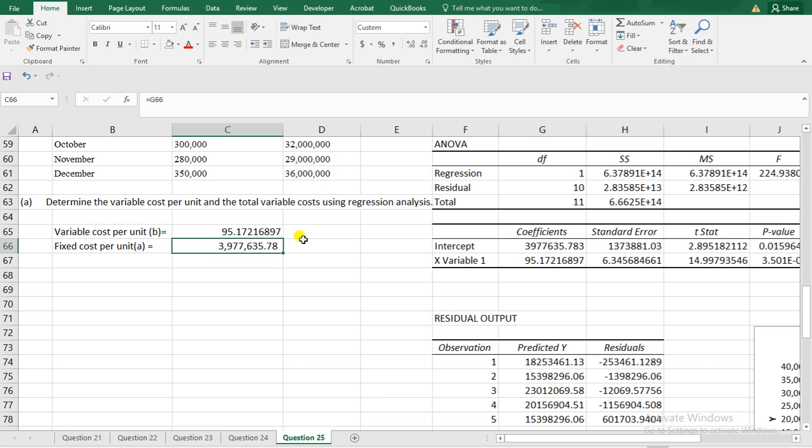So this is how we are supposed to determine our variables, that is, of course, B, A, and all our variables asked here.